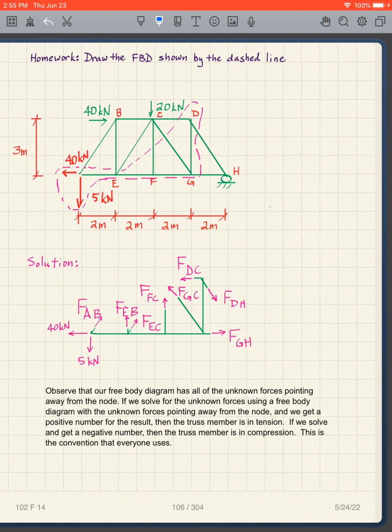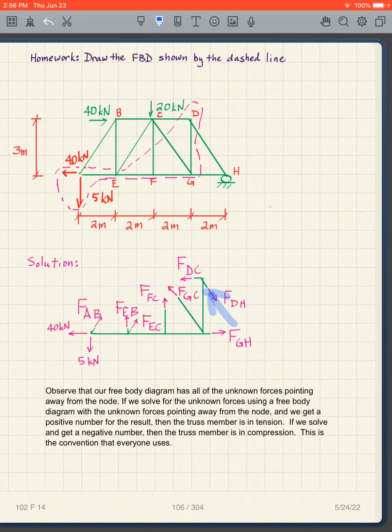And like I said, all the unknown forces are pointing away from the node. Notice I didn't draw this force going like that, and I didn't draw this force going like that. They're all pointing away. That's what we want, because that's pulling, not pushing.